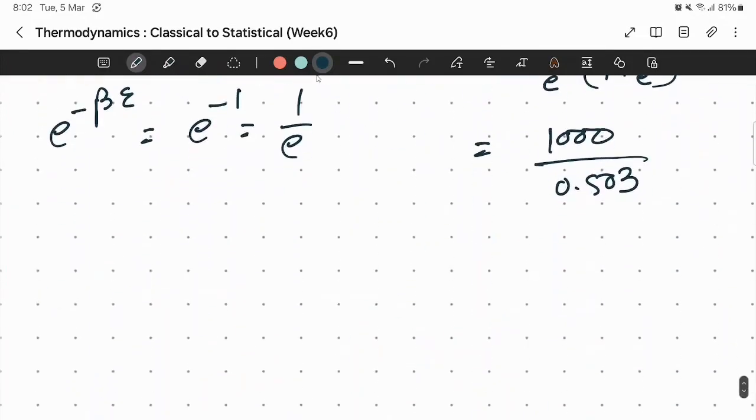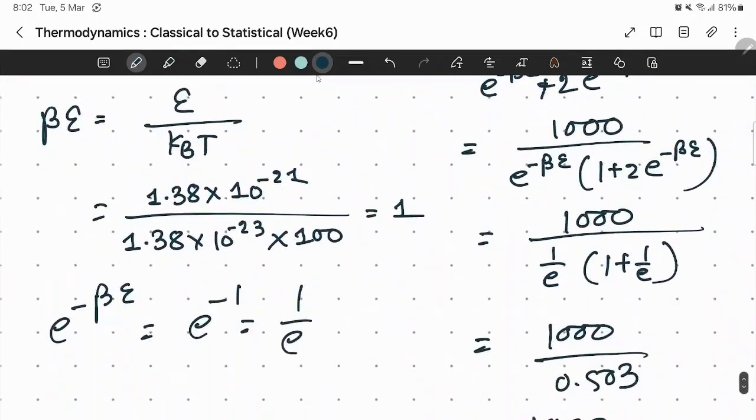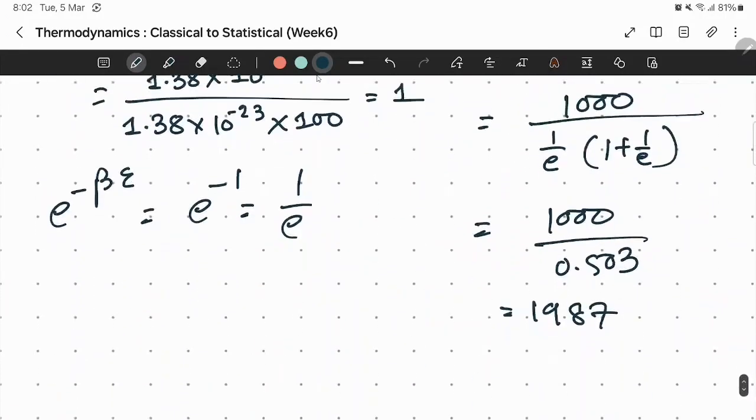No, I think it's correct. It is 1987. So N0 is this. This is N0, molecules at the ground level.